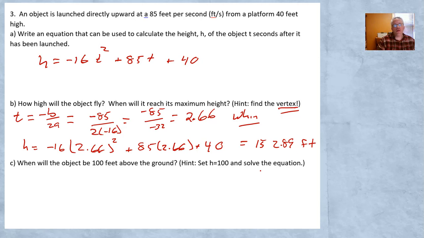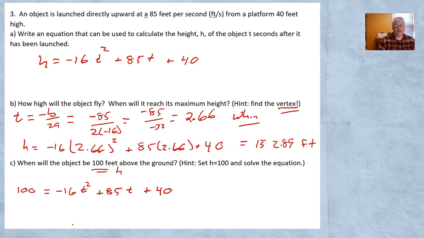Now, another kind of question we could ask is, when will the object hit the ground, or when will the object be a certain height? They want to know, when will the object be 100 feet above the ground? Well, that's a value of h. So we're going to put that into height. We get 100 equals negative 16t squared plus 85t plus 40.